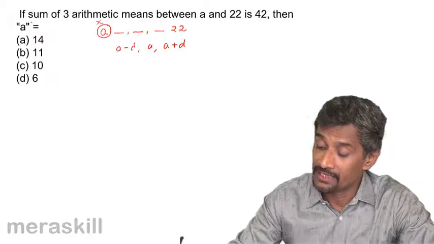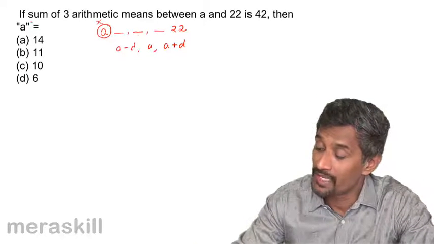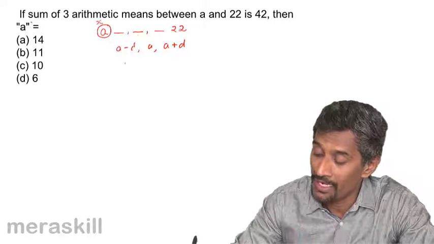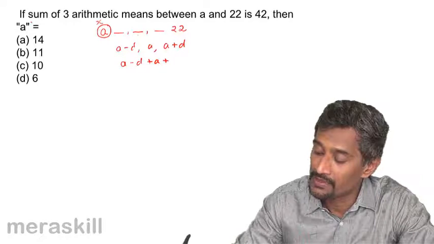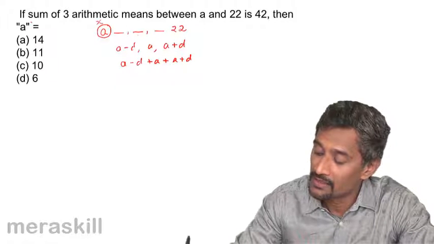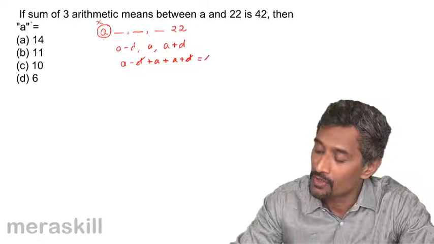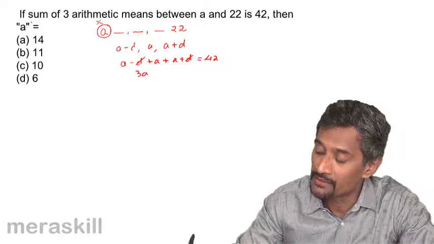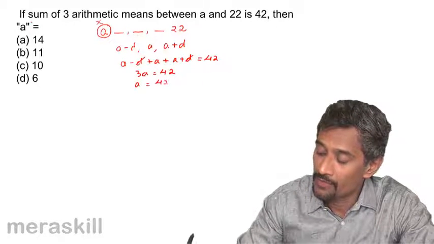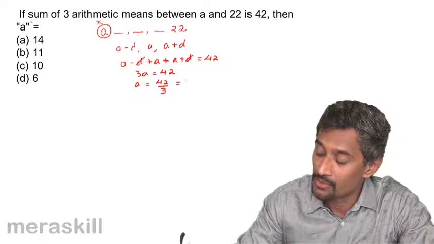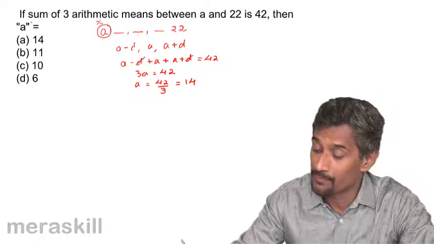All these three arithmetic means add up to 42. So when you add all these, you get a minus d plus a plus a plus d, which turns out to be 42. So 3a is 42, and a will turn out to be 42 by 3, which is going to be 14.